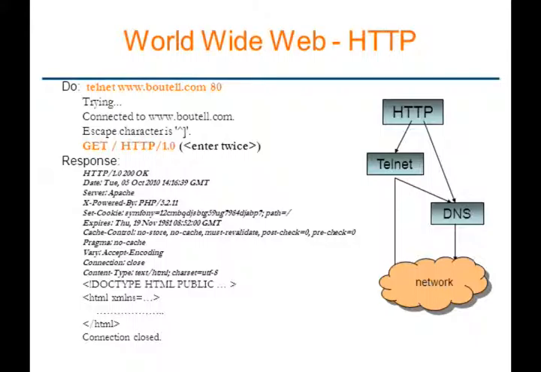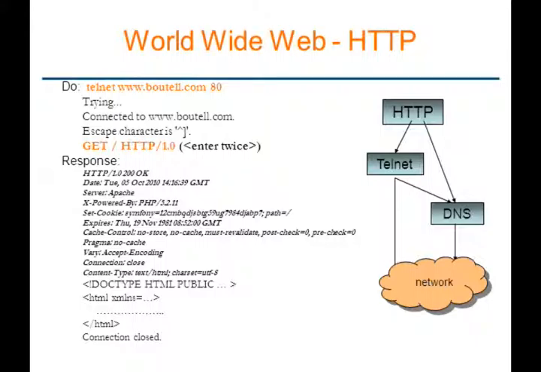Telnet first invoked another layer, DNS, domain name services, to whom it presented the name www.bootel.com. DNS did not know what the IP address of this particular name was, but looking at bootel.com, it had an idea to ask another server somewhere in the world about bootel.com.